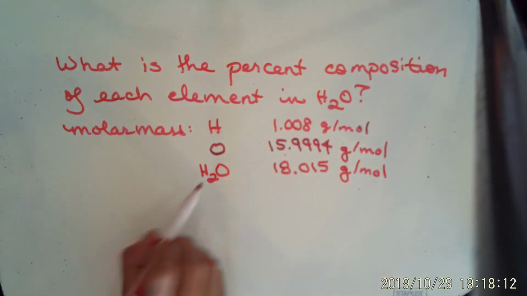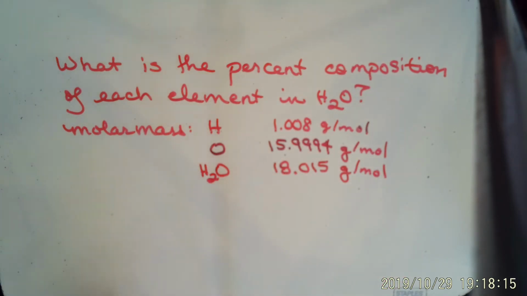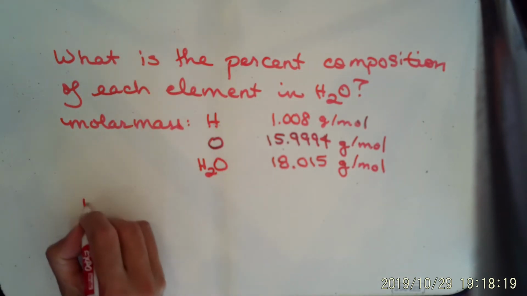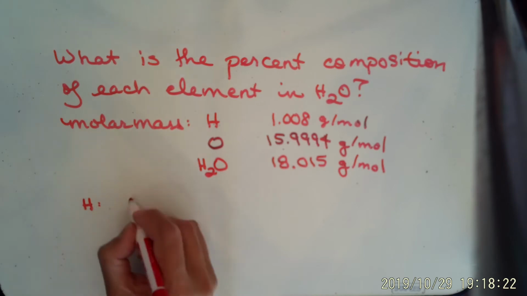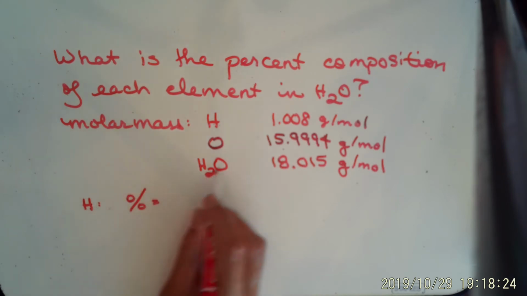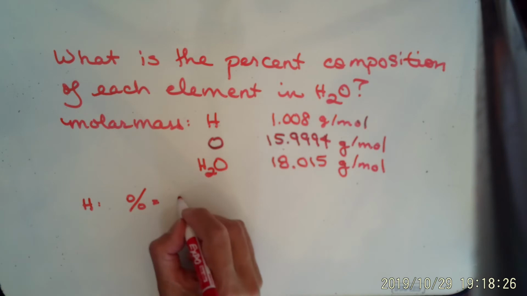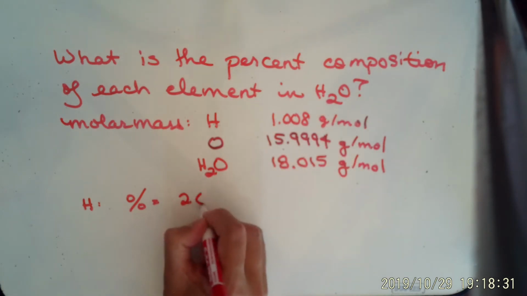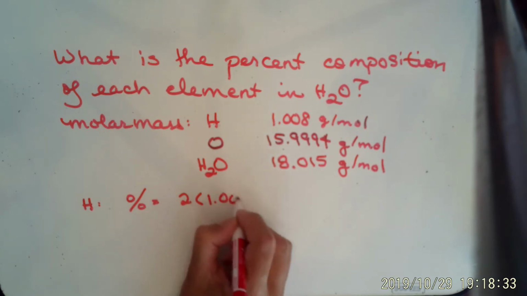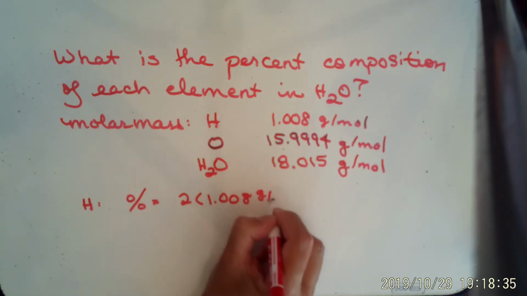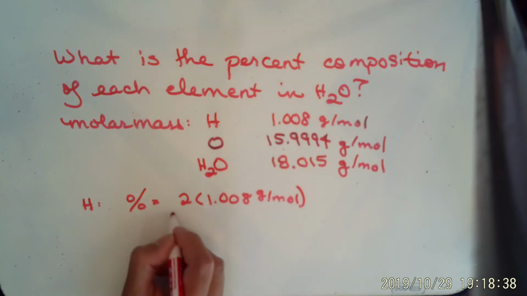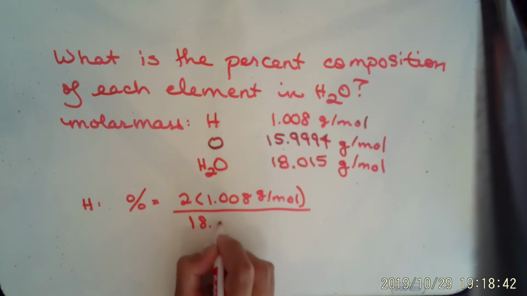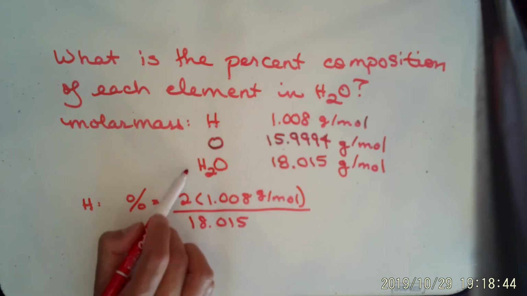Okay, so we know how to calculate the molar mass of compounds. So then to do the percent composition, for hydrogen, the percent is going to be equal to the mass of the hydrogen. So how many do I have though? I have 2 of them. So I have to remember to multiply the molar mass of hydrogen by 2, because I have 2 hydrogens, and then divide it by the whole, which in this case is just 1 molecule of water.